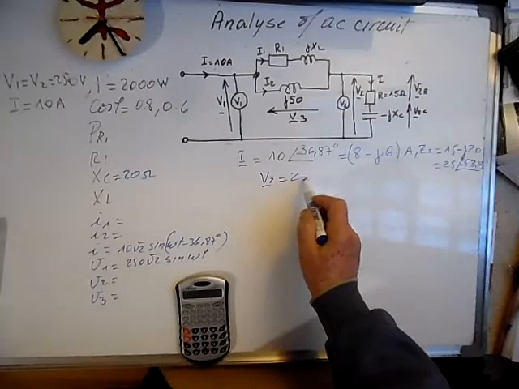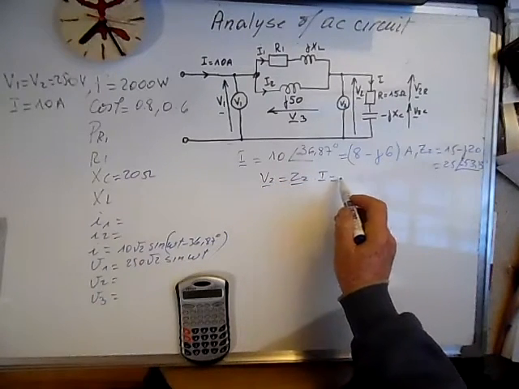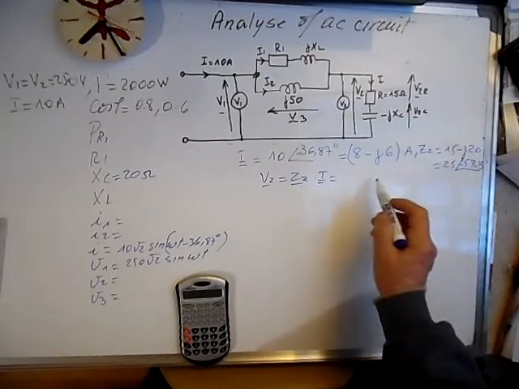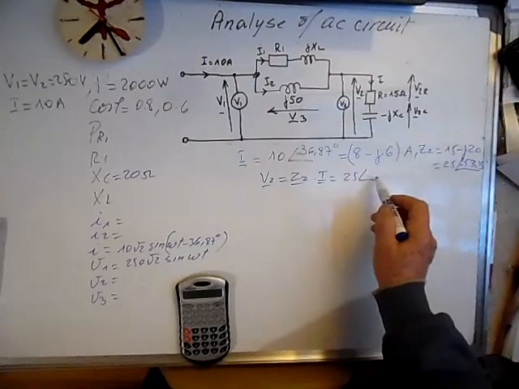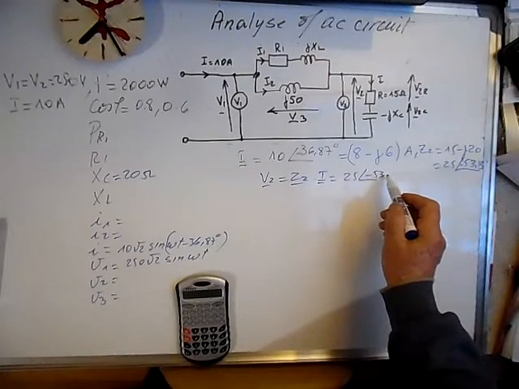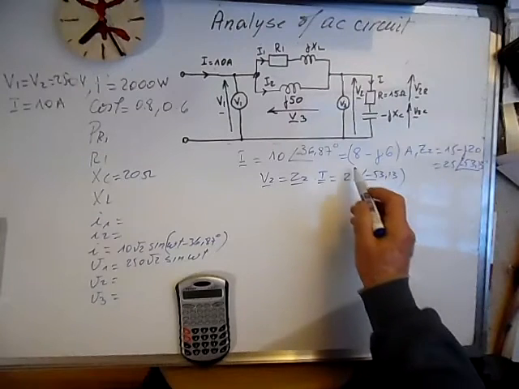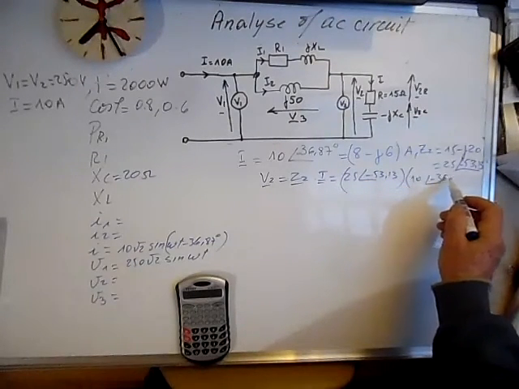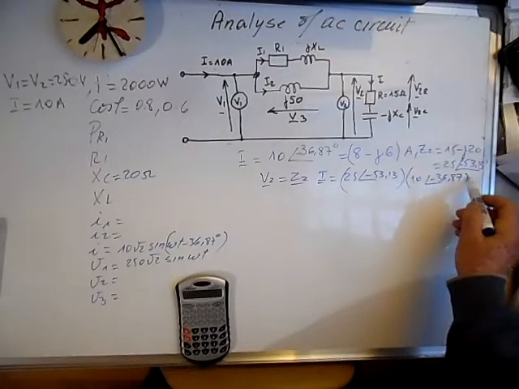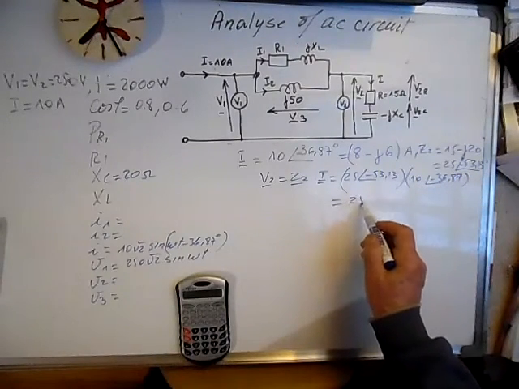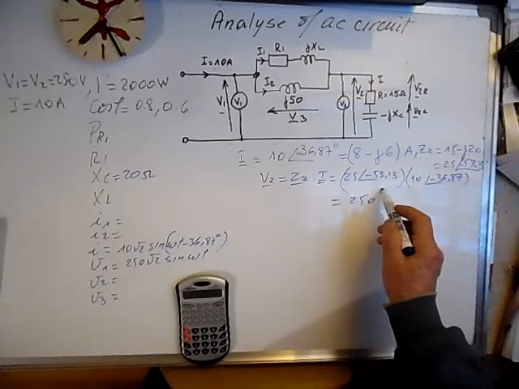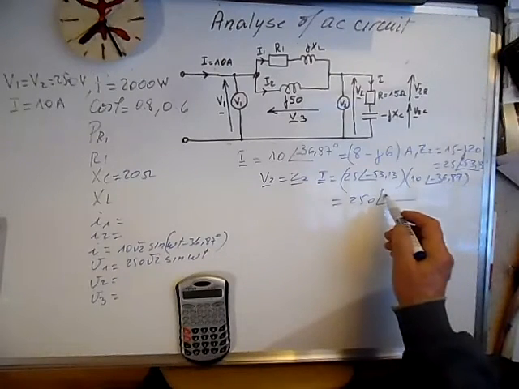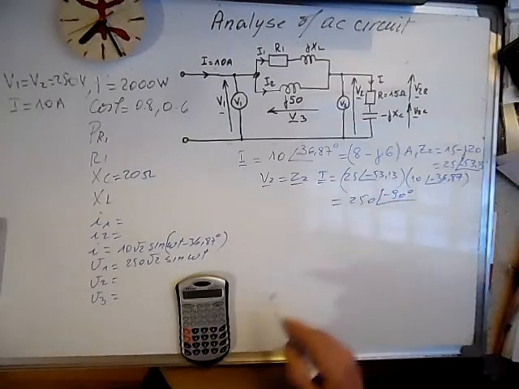V2 is equal to Z2 times I, and Z2 is here, 25 minus 53.13 times the current, 10 minus 36.87, and this is 250, minus 90 degrees.